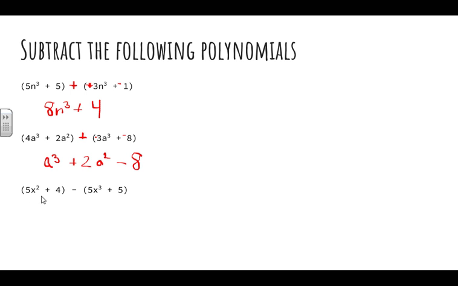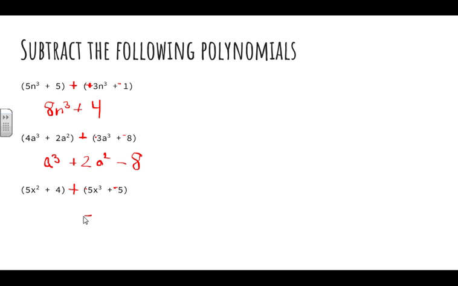Okay, 5x squared plus 4 minus 3x cubed plus 5. So change subtraction to addition, and everything in parentheses becomes its opposite. Okay, so 5x squared does not have a like term anywhere.